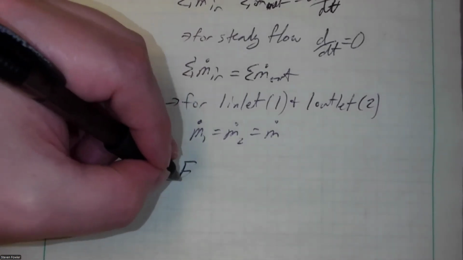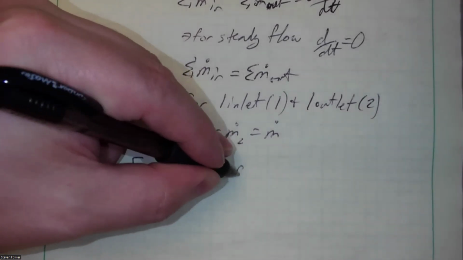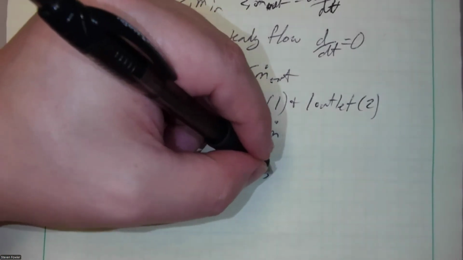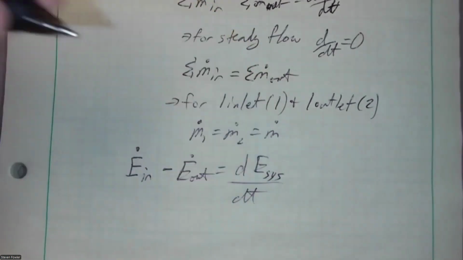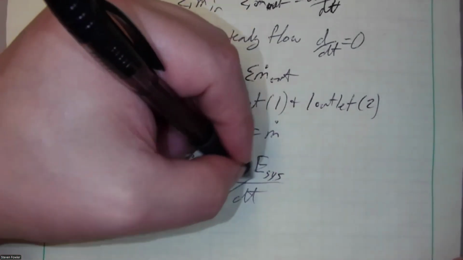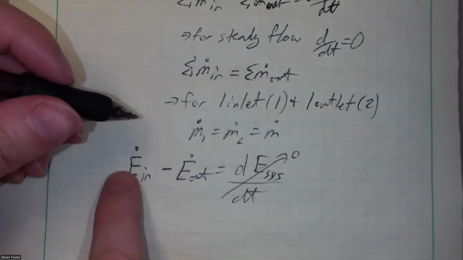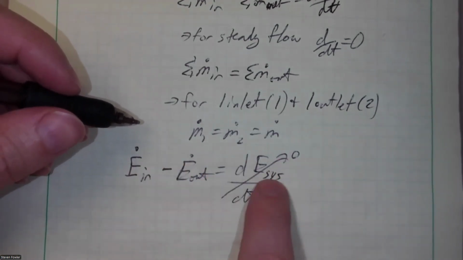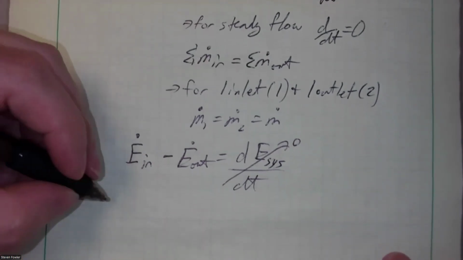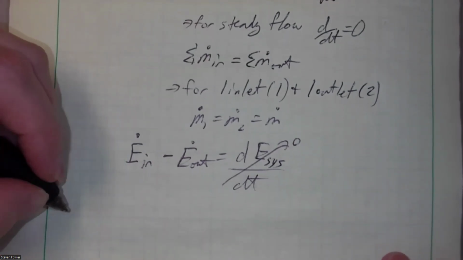E dot in minus E dot out equals dE of my system, dt. And again, because it's steady flow, dE dt is going to go to 0. So now I've just got stuff coming in and stuff going out, set equal to the change for the whole system being 0. So what does that mean?